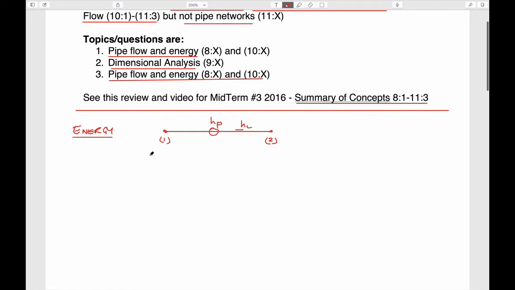And we know that we can write Bernoulli's equation as the upstream pressure, the upstream elevation head, the upstream velocity head, streamline velocity head, plus the pump head. And this has to be equal to the same components in the downstream locations, plus whatever the head losses are.